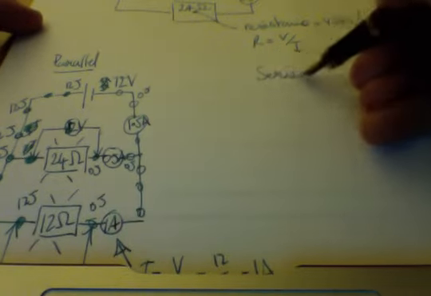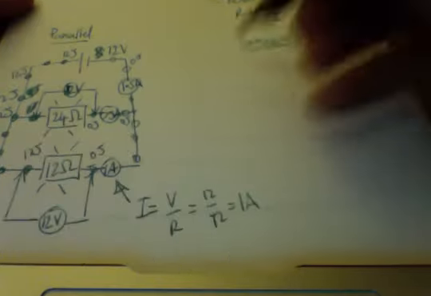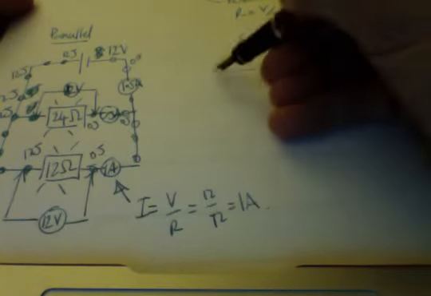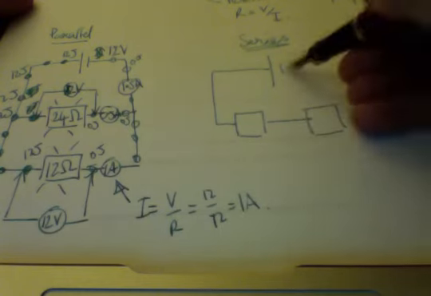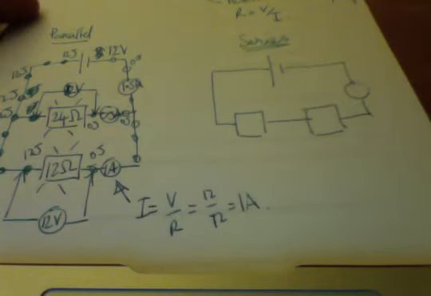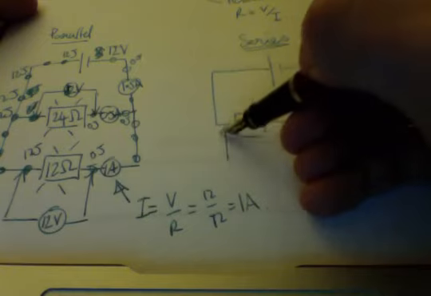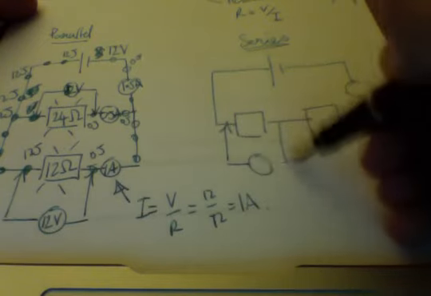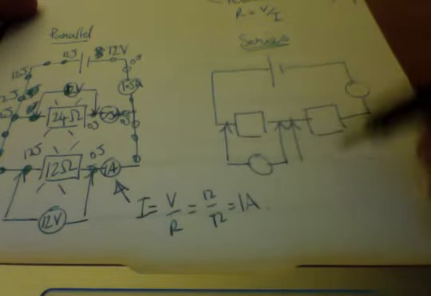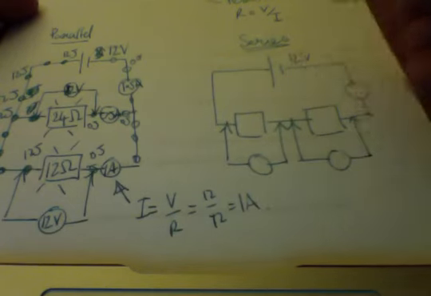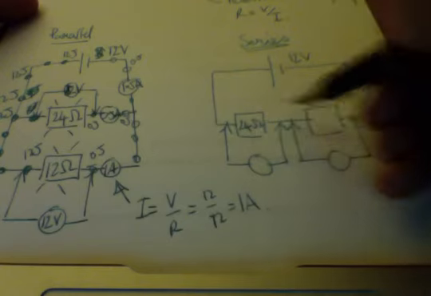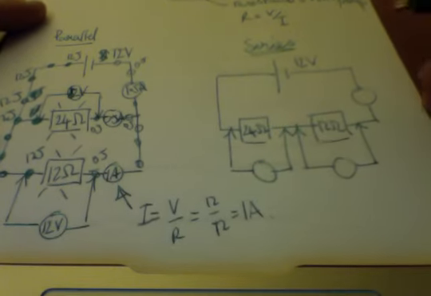Okay, let's look at the series and see how confident you feel with this. Now, we're looking for the electrical potential difference in these two positions and the overall current flowing from our 12 volt battery, 24 ohm and 12 ohm resistor.